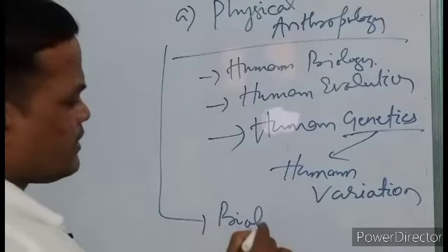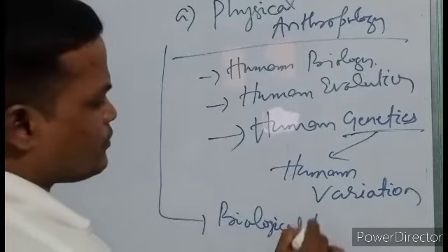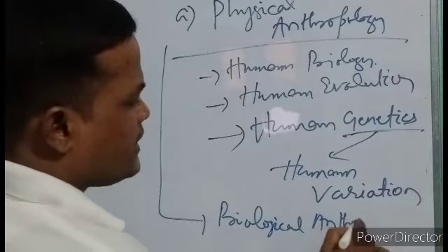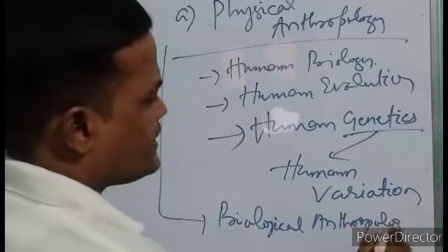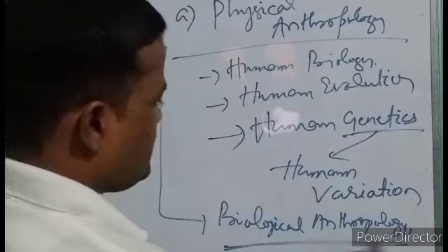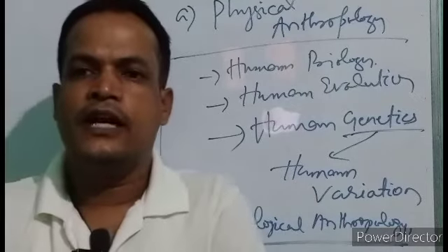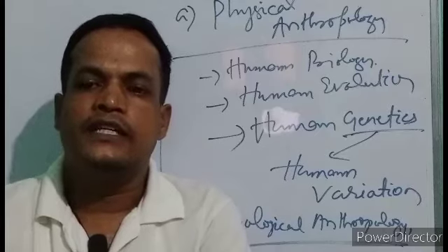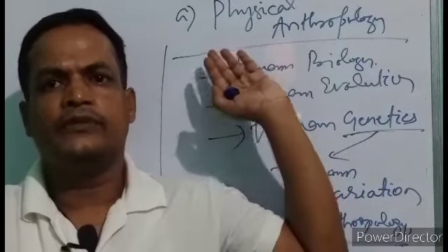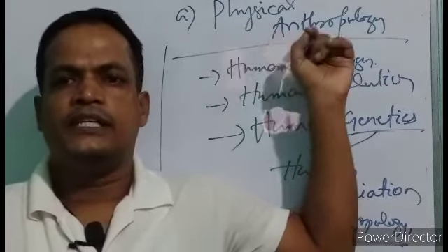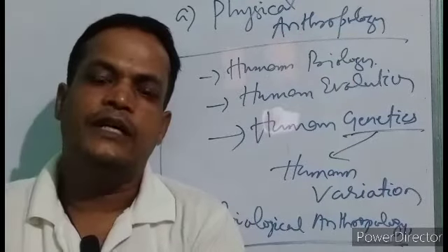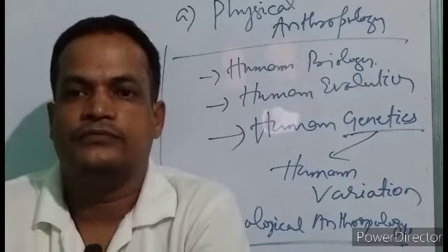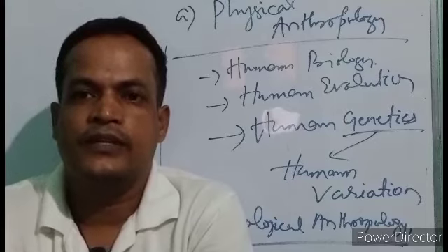It is called biological anthropology because of its wide scope and coverage. Physical is the traditional way we take it, but nowadays it is popularly called biological anthropology because of its greater scope and larger area.